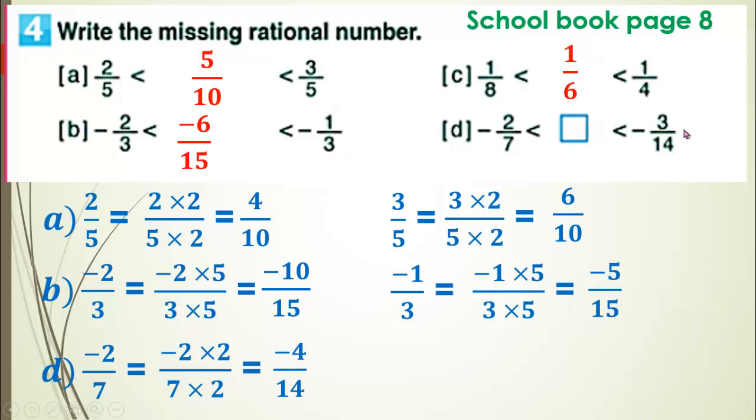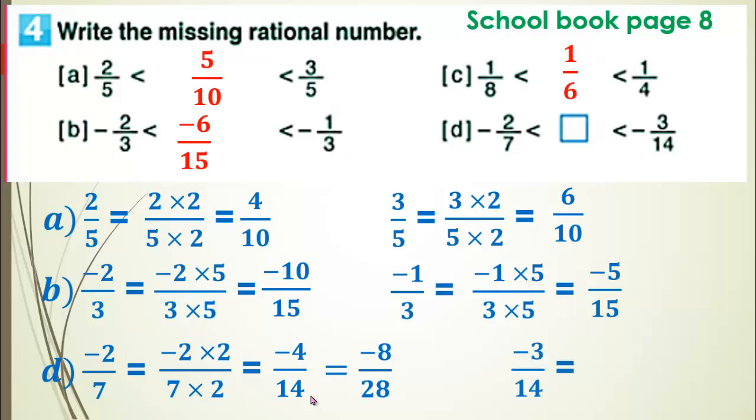Of course not. So what should I do? Let this denominator go bigger. How can I let it go bigger? Just by multiplying the numerator and the denominator of the two rational numbers by the same number. So I'm going to multiply by 2. Negative 4 times 2 is equal to negative 8. 14 times 2 is equal to 28. So negative 8 over 28.